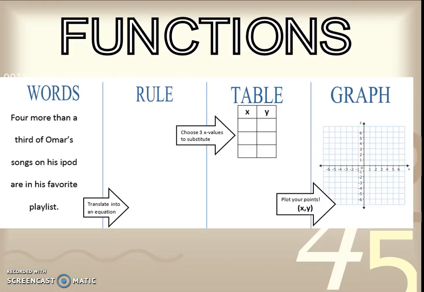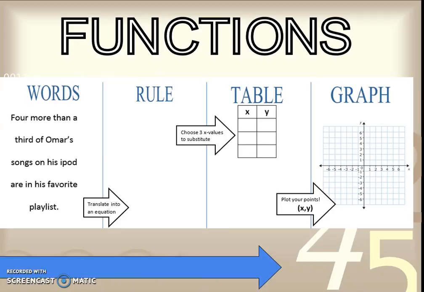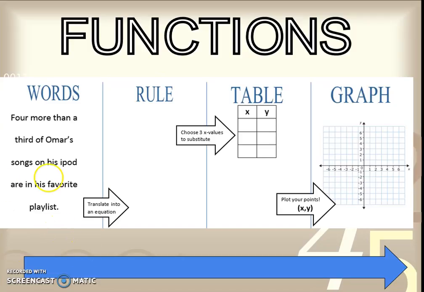Now when we complete this foldable, or when we think about the relationship between words, rules, tables, and graphs, in this case we're going to go from left to right, in the sense that we've got a statement here. We've got our words that we have to translate. You've already practiced translating. We're going to translate these words. Sometimes it'll be a story like this, or sometimes it may be something like 3 plus a number equals 7.